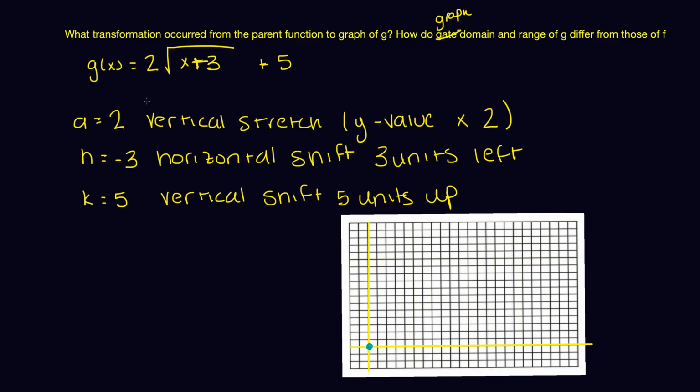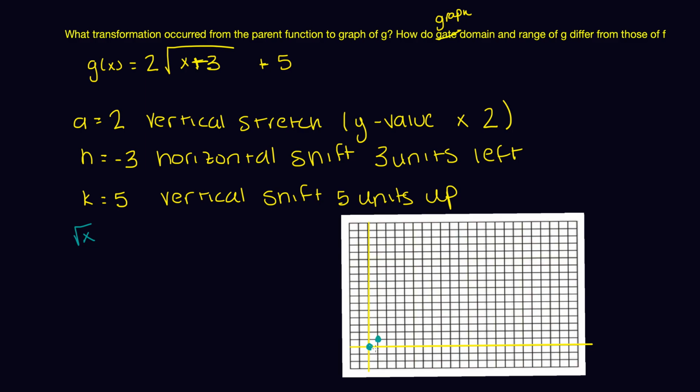Okay, so my parent function I'm going to do in a bluish color. And I know it's a square root, so my parent function is going to be the square root of x. So 0, the square root of 0 is 0. Anything negative we don't have because that's the domain. The domain doesn't go for the parent function beyond 0. 1, the square root of 1 is 1.